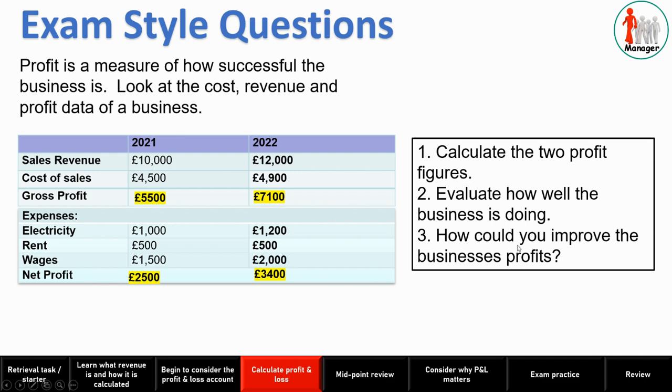Can we improve things further? Well, okay. If I want to increase my net profit further, there's only two things I can do really. I can either get more money in, increase my sales, or I can try and reduce some of my costs. Maybe look for cheaper suppliers, maybe negotiate lower wages, or haggle and negotiate with the landlord to reduce the rent I pay every month.